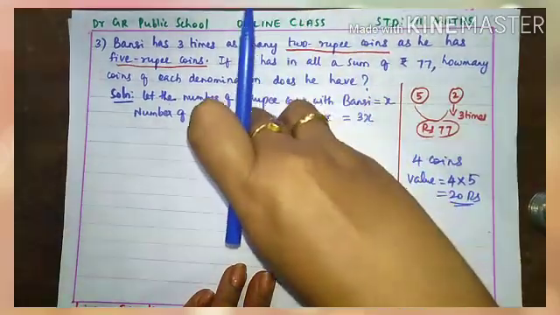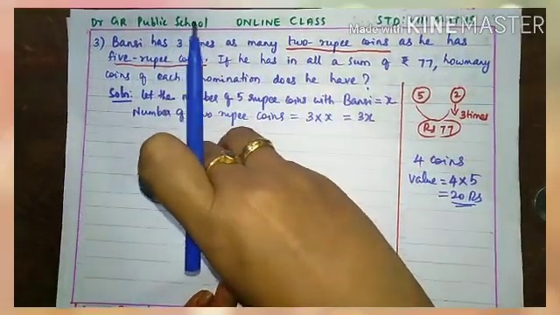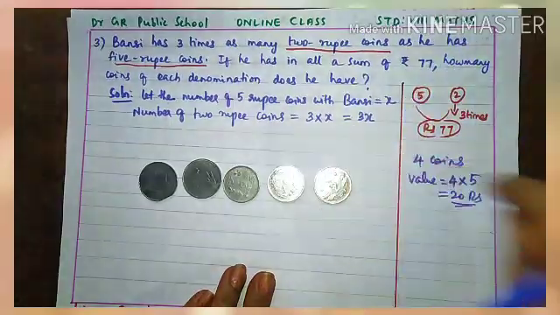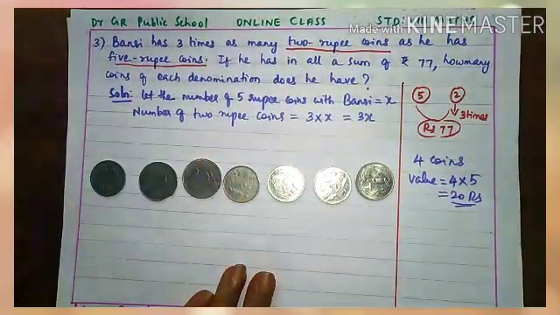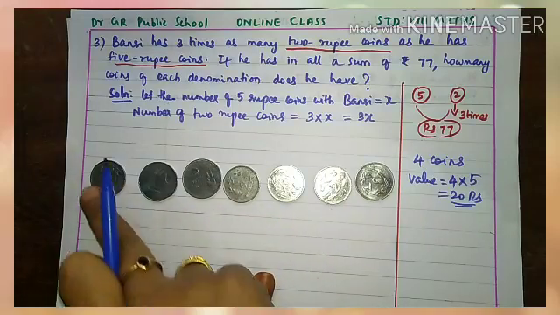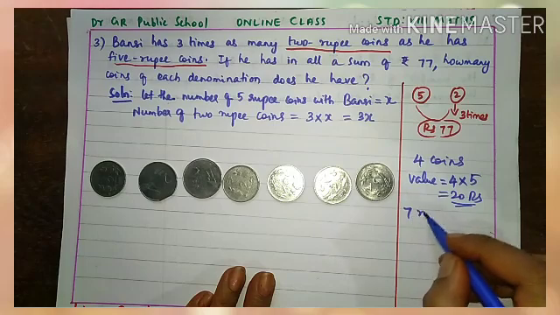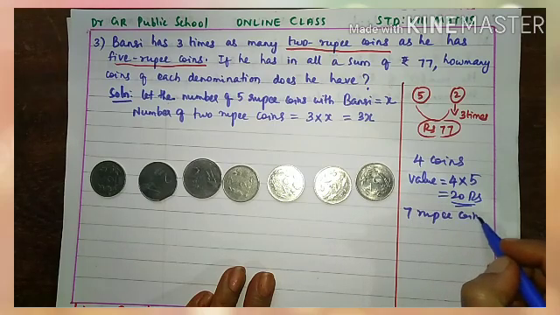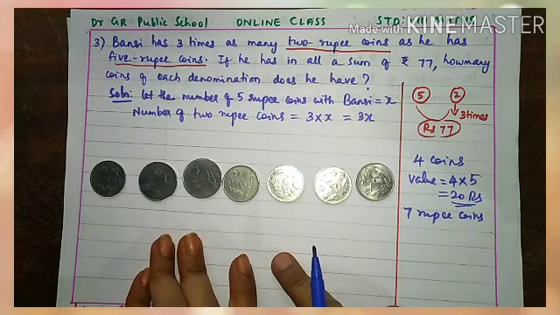If I give you another example, you see here I have 7 two-rupee coins, 1, 2, 3, 4, 5, 6, 7. If I ask the value of these 2 rupee coins, what will you do?